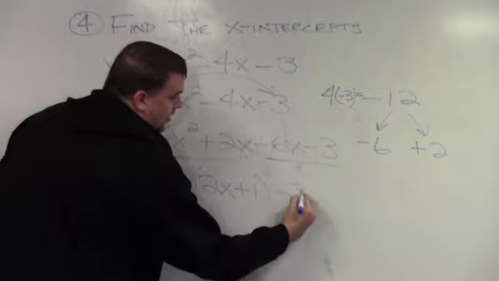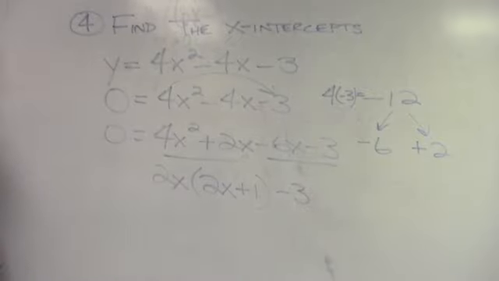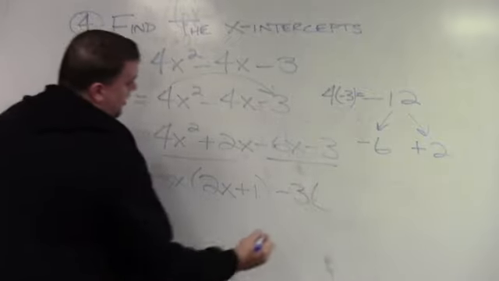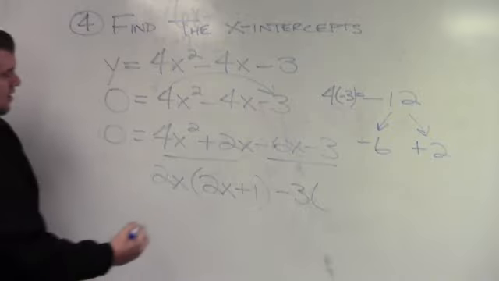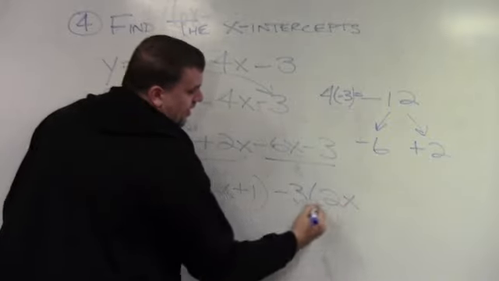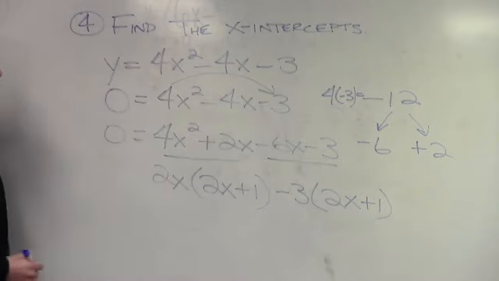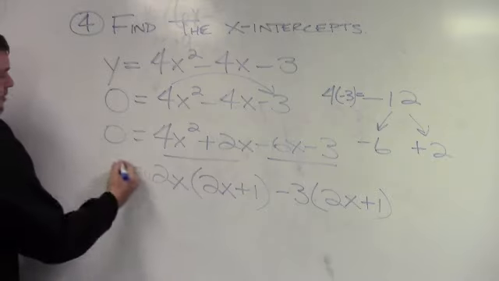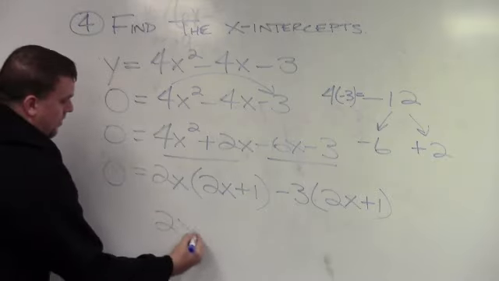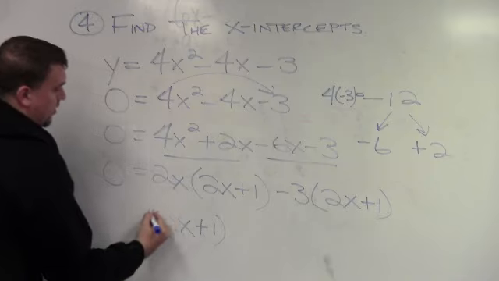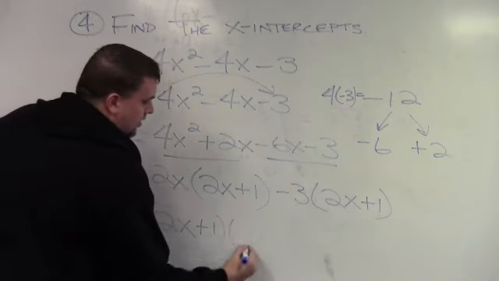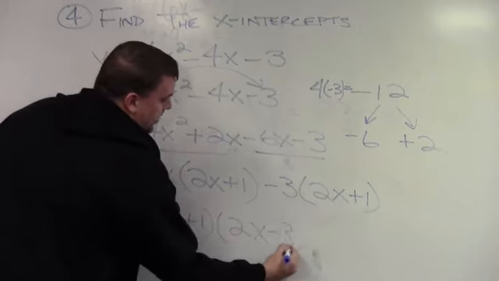Because it leads with a negative, I really want to factor out a negative 3. What will that leave me with? 2x plus 1. Remember, since we're factoring out a negative 3, that's going to change that to a positive. Negative 3 times positive 1 is negative 3. At this stage, my two factors would end up being my common factor, 2x plus 1, and then my coefficients, 2x minus 3.